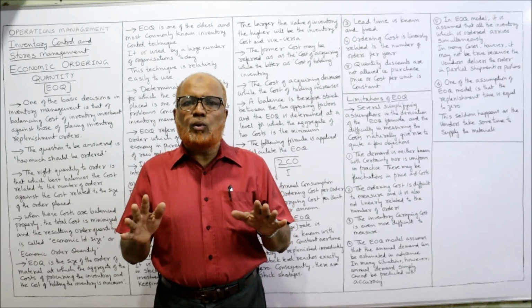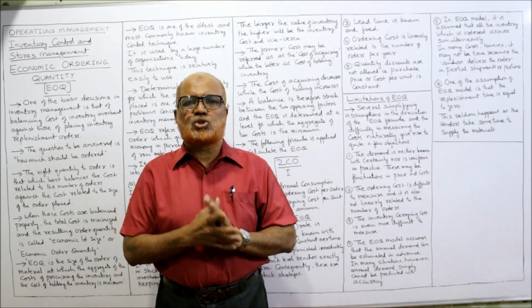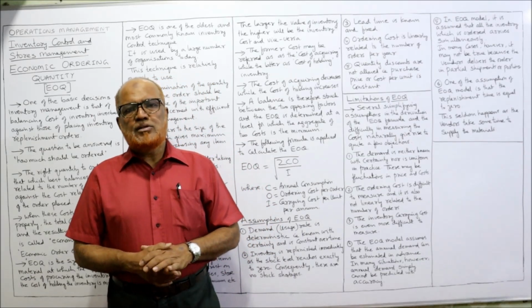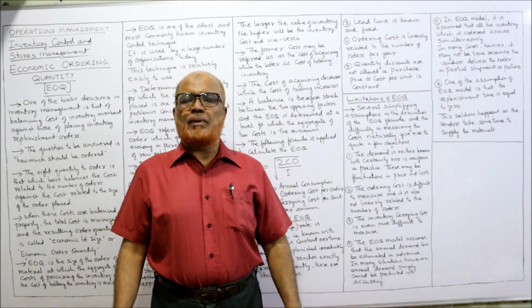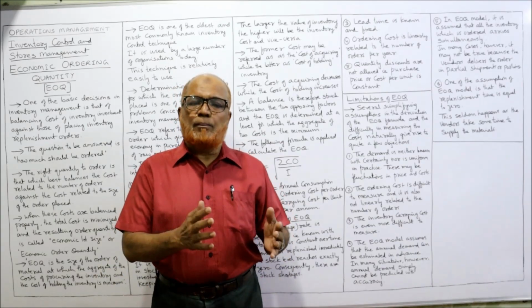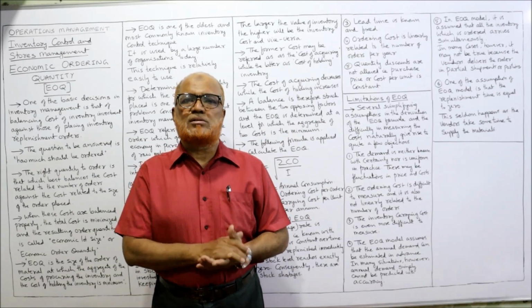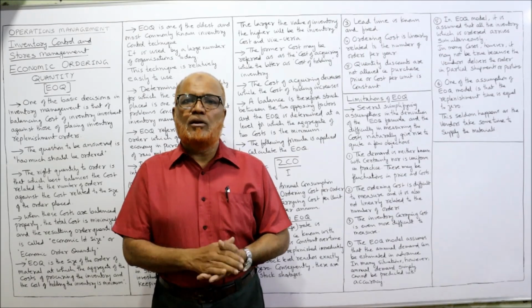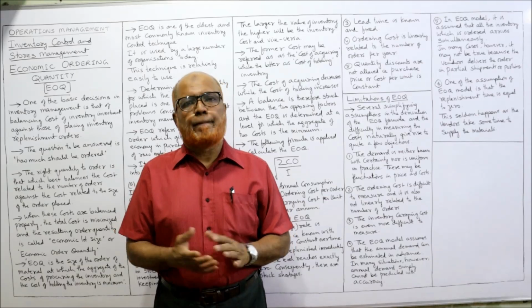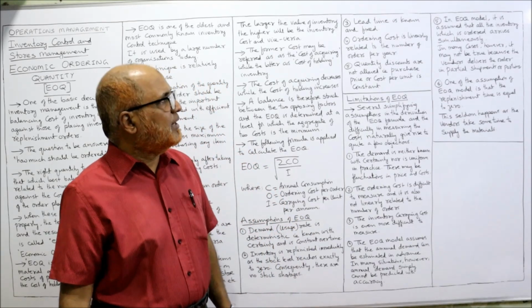That means there is accuracy in replenishing the stock. But in reality, it may not be so. Sometimes the supplier may delay the supply of material. Sometimes he will supply the material in portions or different shipments, not in one lot. So this is also one of the limitations.